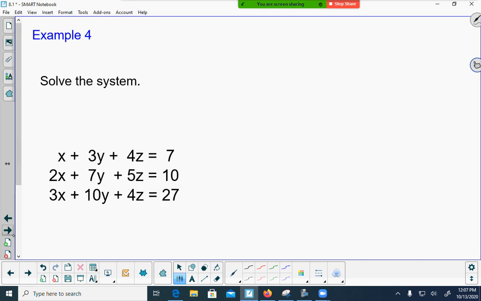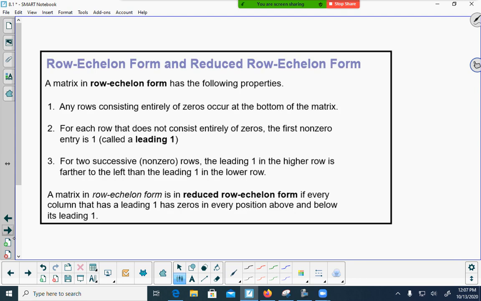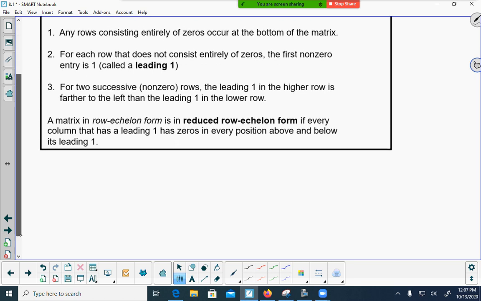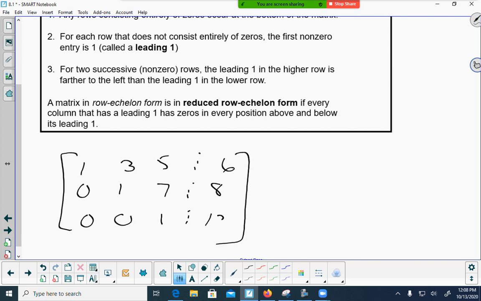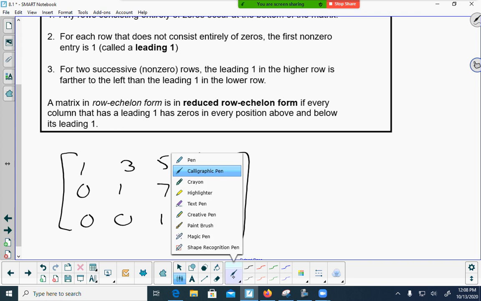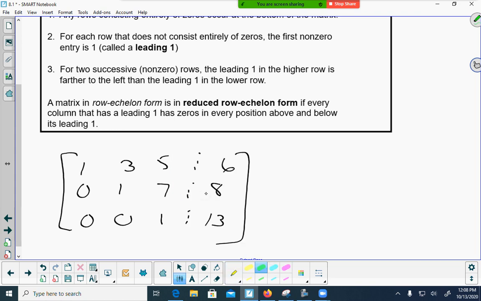Okay, so this one we're going to solve the system. But before we solve this system, I want to explain what you're going to do. You're going to do either what's called row echelon form or reduced row echelon form. Row echelon form says that I have a matrix, and I'm just making up numbers. They're not on your paper. Pretend that these are your answers.